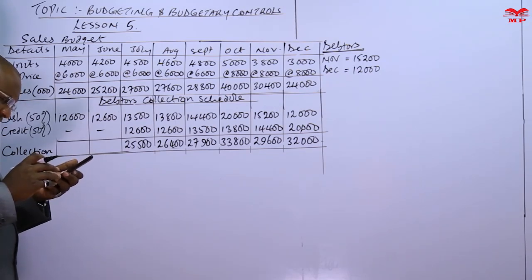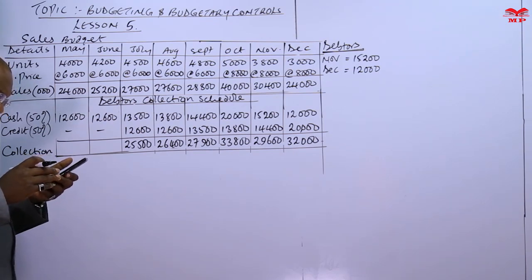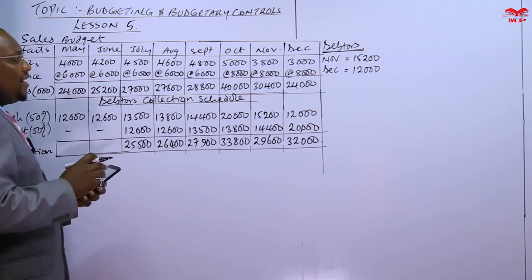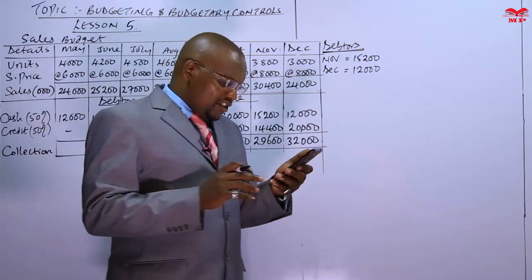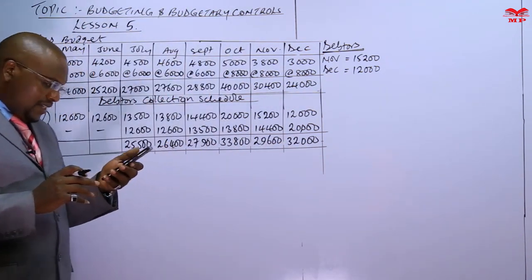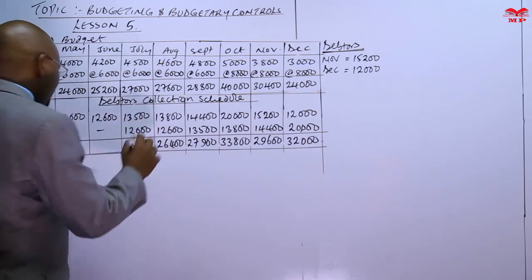I do not see any other working apart from the creditors. If you're going to pay, we're going to have some balance of creditors. But all in all, let's come up with the cash budget. So let me have my debtors.